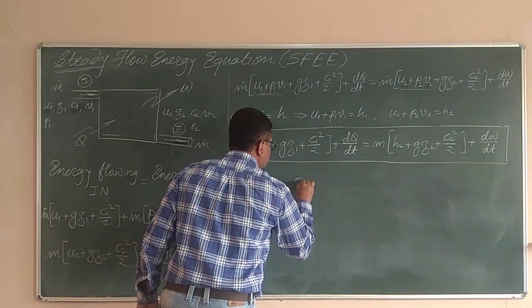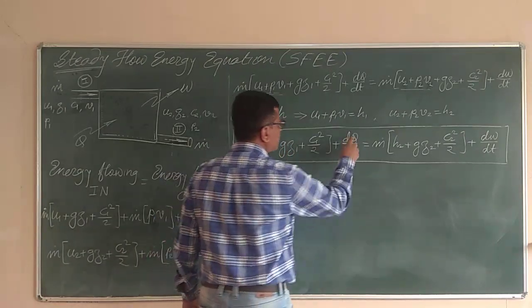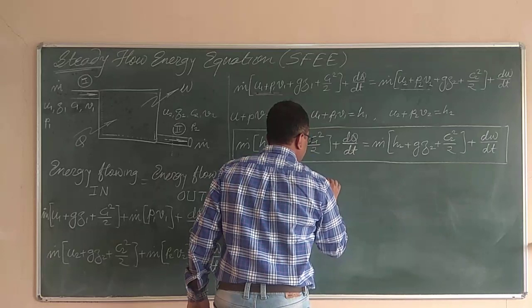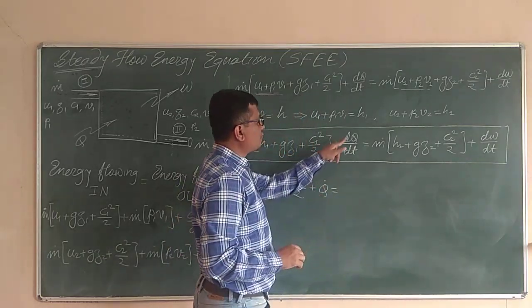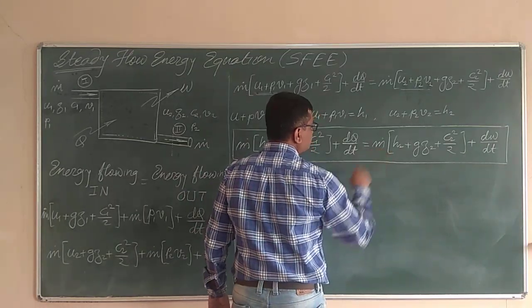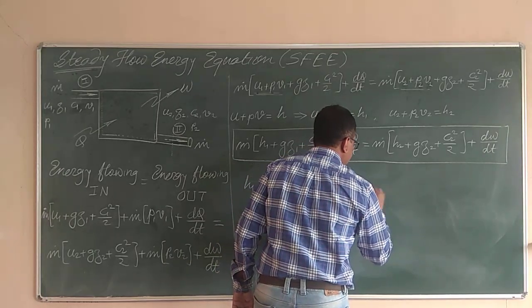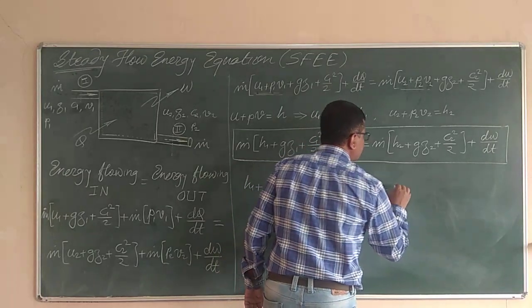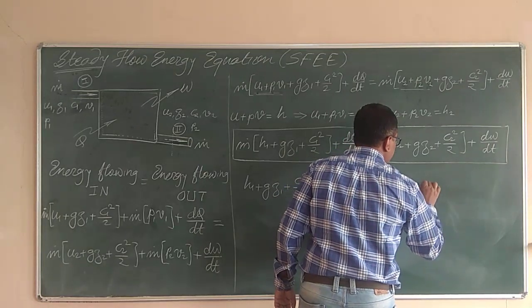gz1 plus C1 square by 2 plus q dot, where dQ by dt divided by m dot is taken as q dot, equals H2 plus gz2 plus C2 square by 2 plus W dot.